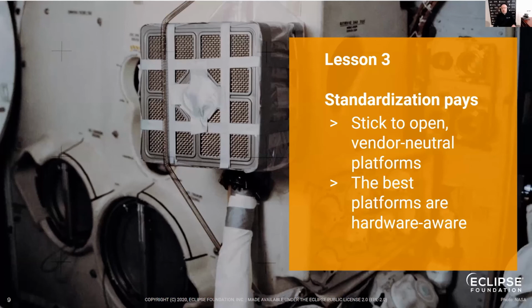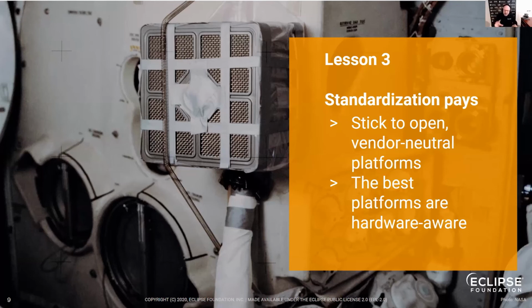So what's the lesson there? Well, essentially, standardization pays. Stick to vendor-neutral platforms. If you're using a special flavor of Kubernetes that only your vendor has, you are painting yourself into a corner. Another dimension to be aware of is that the best edge platforms are really aware of the capabilities of the hardware.